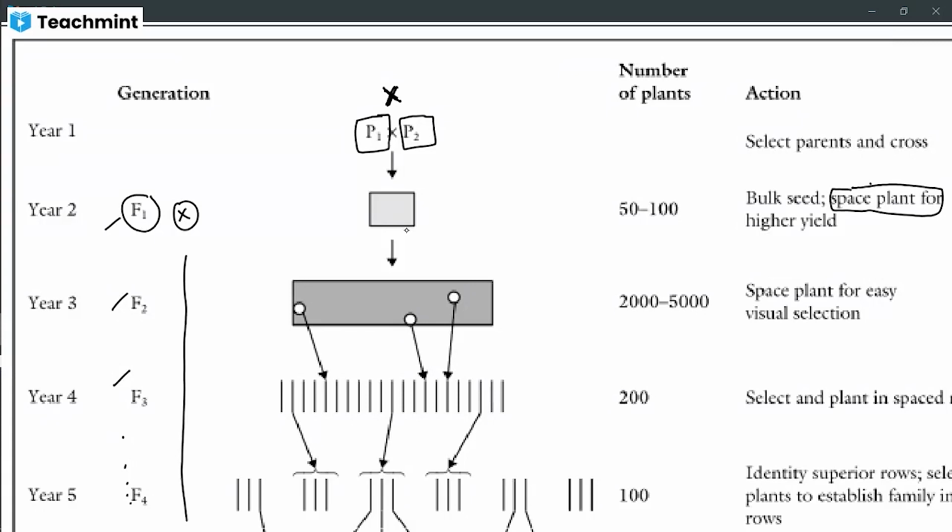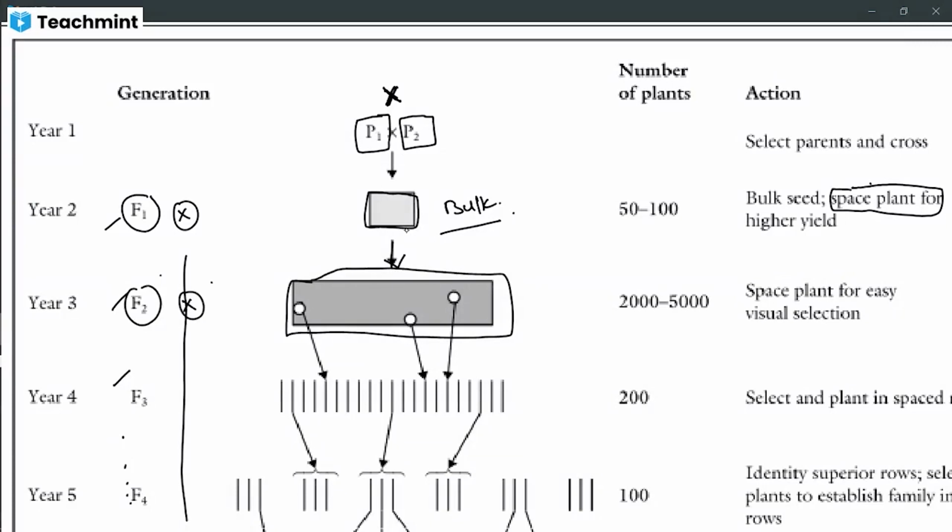After selfing the F1, you harvest the seeds of F1 in bulk. Then you grow the F2, and space plant the F2 so that you can see the superior plants, and then you self it again.